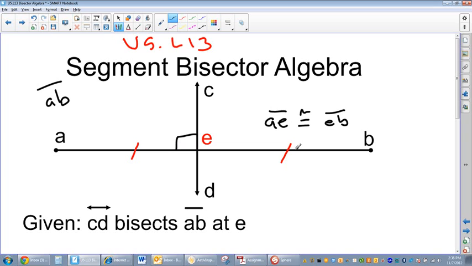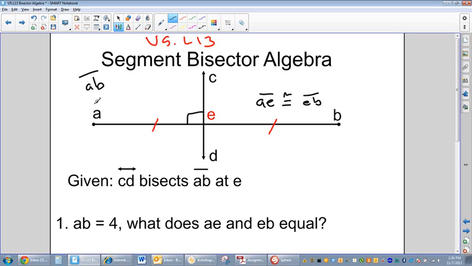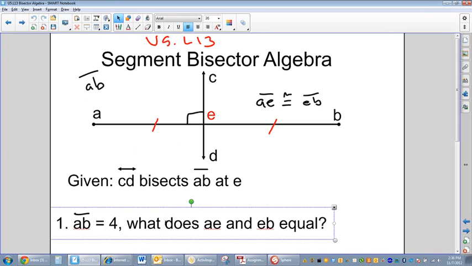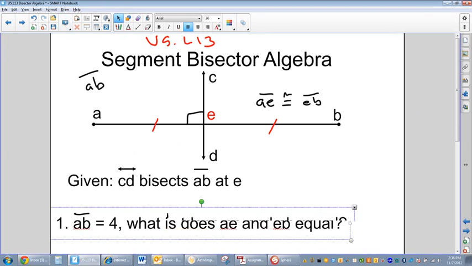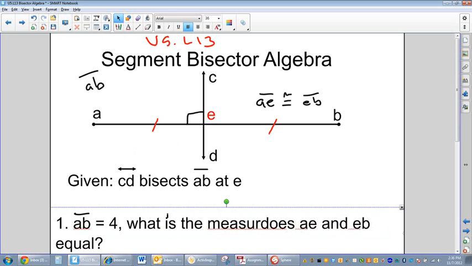Okay, so given this first set of information here, if line segment AB equals 4, that's really bad English there.